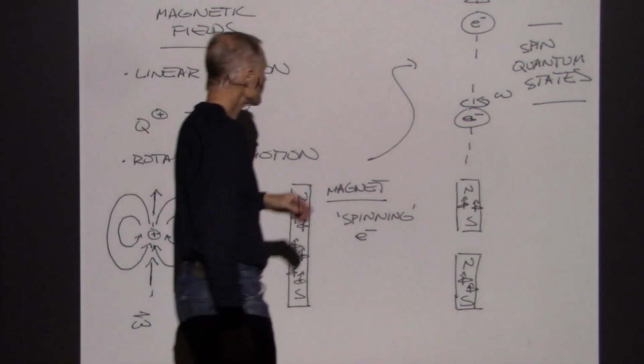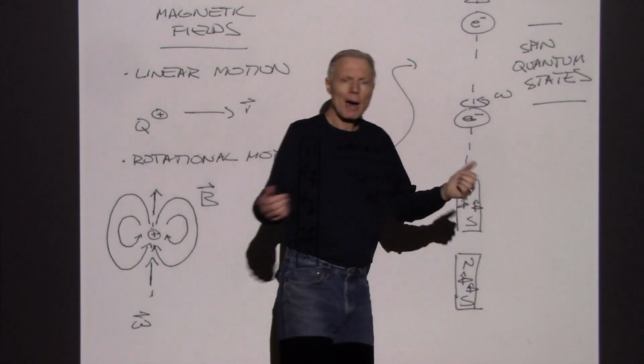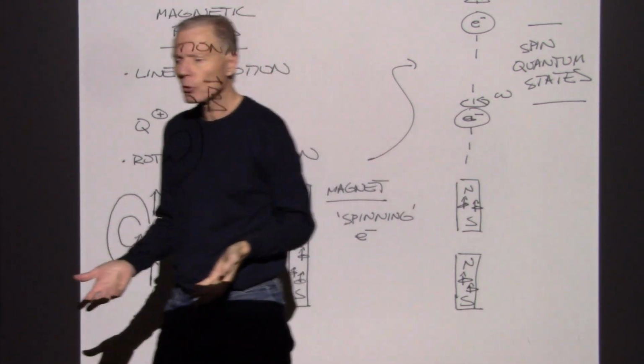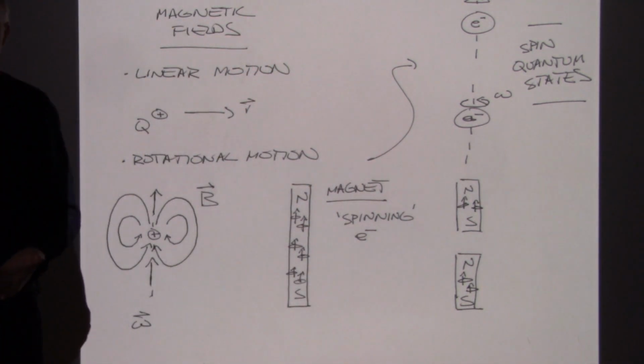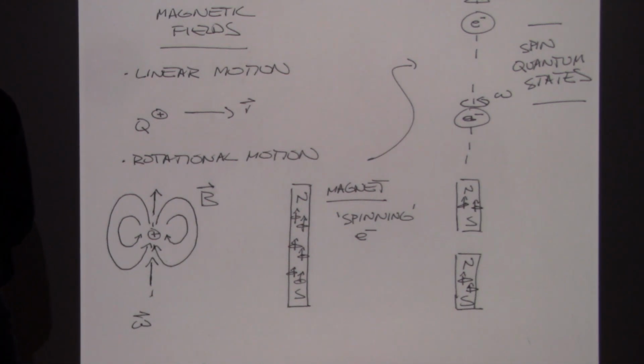And so you may be familiar with the idea that electrons have a built-in angular momentum. It's kind of a crazy thing. Electrons have a certain amount of mass that they carry with them wherever they go. They have a certain amount of electric charge that they carry with them anywhere they go. They also have a certain amount of angular momentum, a fixed amount.